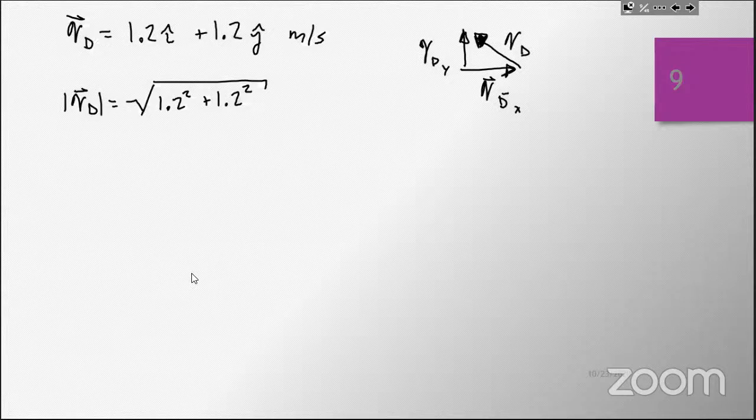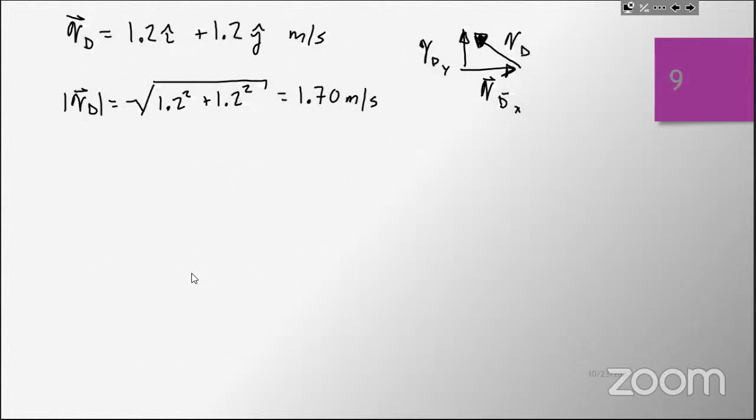We can use our Pythagorean theorem to figure out what the magnitude is, how strong this is. Guess what? You do this math, it's going to be 1.7 meters per second.